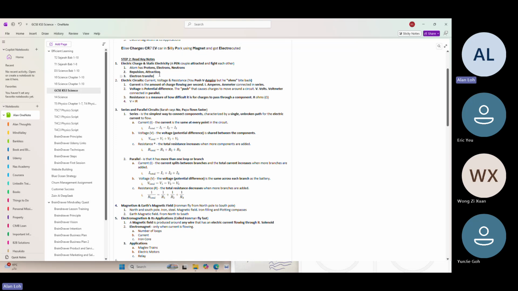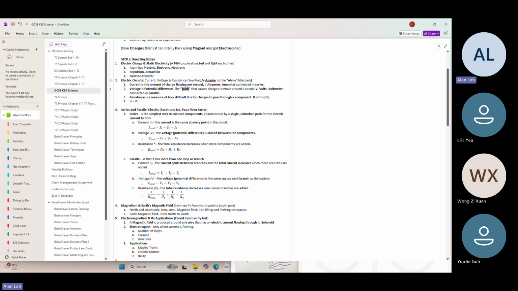Okay, so drawer number 2: you push a vampire and he turns around and bites you back. And when he bites you back, he creates the sound, like om. When you push something, this push word is related to the definition of voltage.